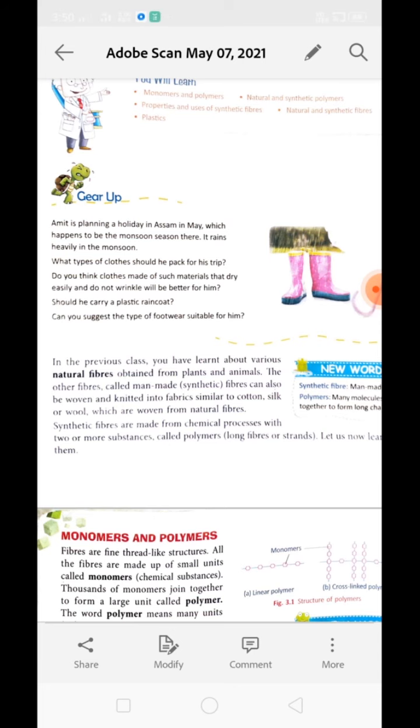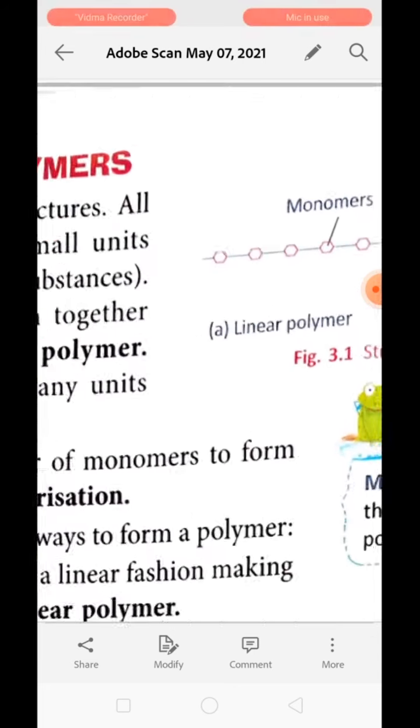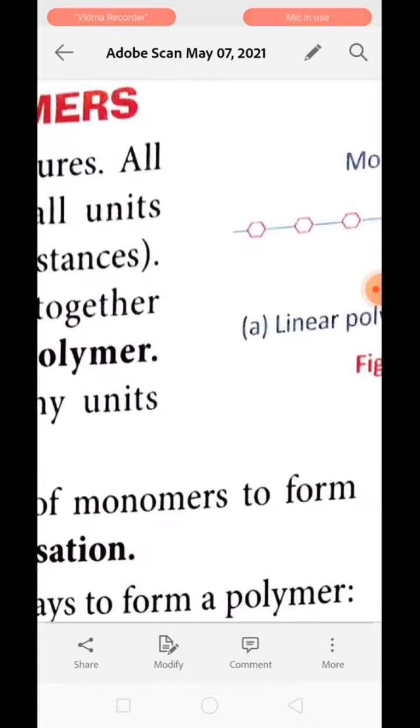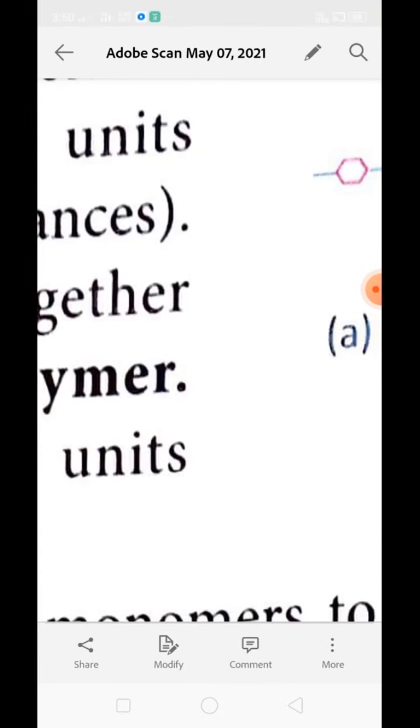Now what is a polymer? You can see over here this beaded structure. One bead of the structure is termed a monomer. Monomers are small units which combine together to form a polymer.